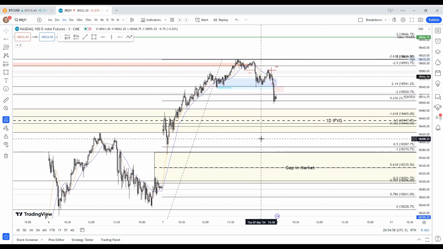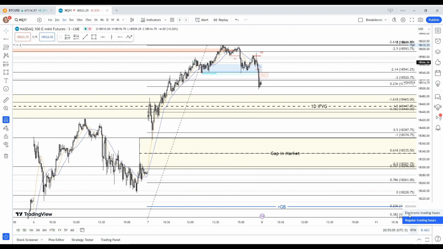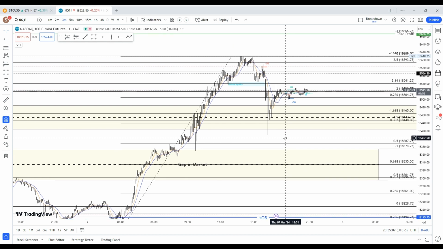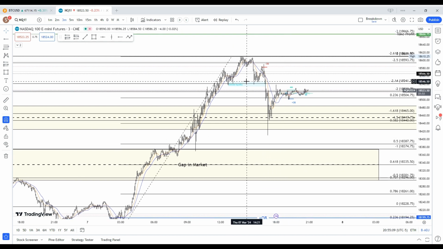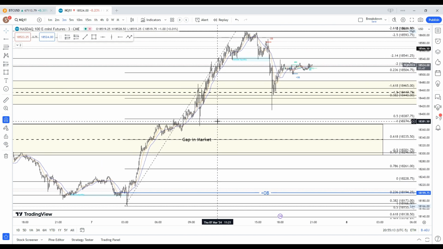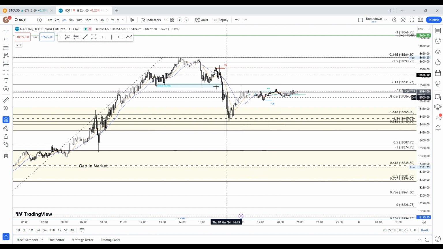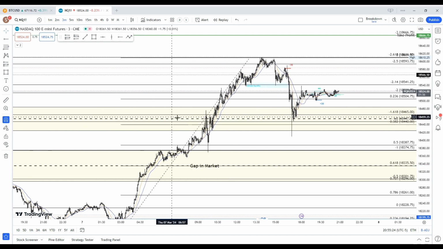So if we're, I mean, I just don't like, let's go to electronic trading hours. Where did we pull back? 50. All right, well, we pulled back a 38 already, and half of that.